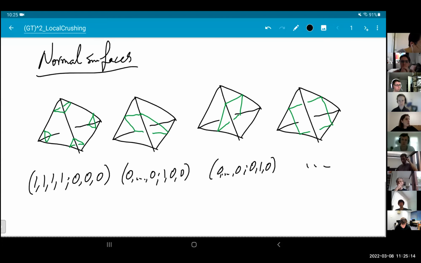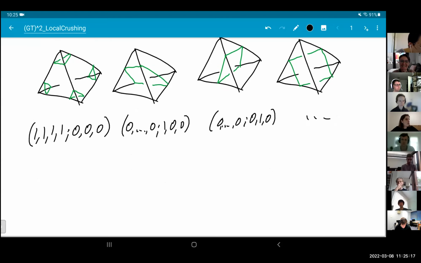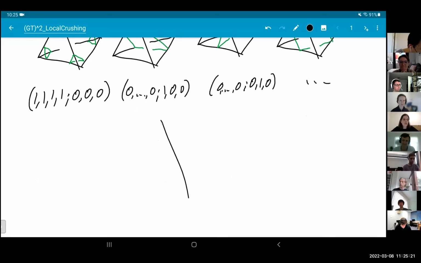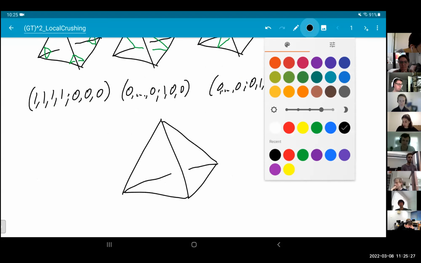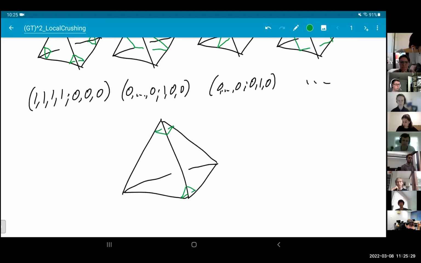Let me give one more slightly more interesting example. Let's say it's a triangle here, a triangle here, a triangle, maybe a triangle, and let's say 2 quads.